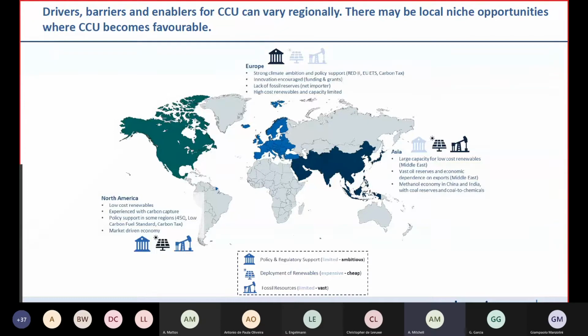For example, CCU for synthetic fuels may be more favourable in regions with low-cost renewables, strong support such as sustainable fuel obligations, for example, the blending targets for aviation fuels in Norway, and limited or costly counterfactual fuel availability, perhaps due to limited fossil reserves.